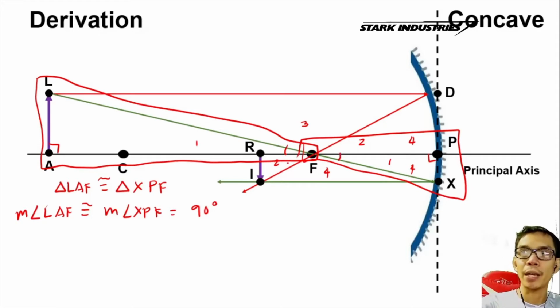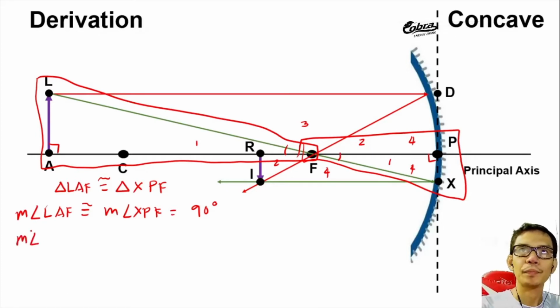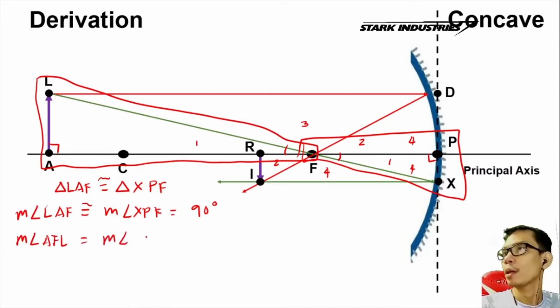These are vertical angles. So angle AFL is similar to angle XFP, or PFX.